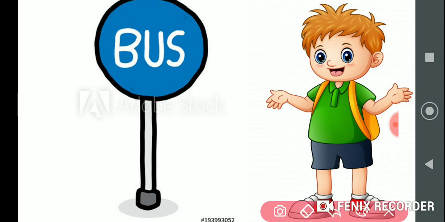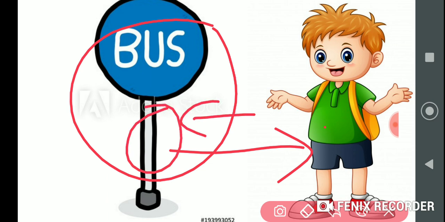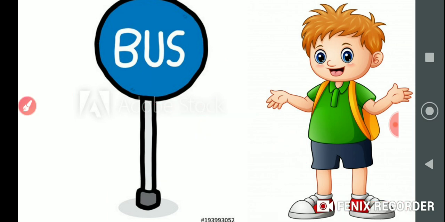So in this case, the bus stop pole works as a reference point for that boy. The boy is not changing his position with respect to this reference point. So we can say that the boy is at rest.